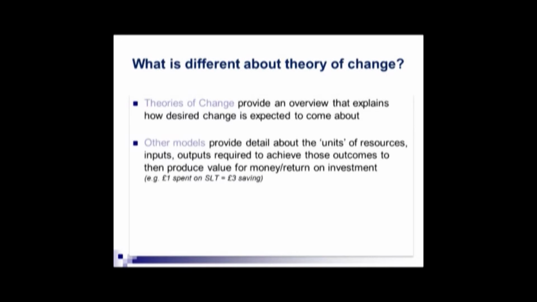But for the purposes of what we're doing today, we're trying to get a consensus and also to illustrate at a high level the outcomes that we're trying to achieve. More detailed models would sit underneath the theory of change that we're looking at making today.